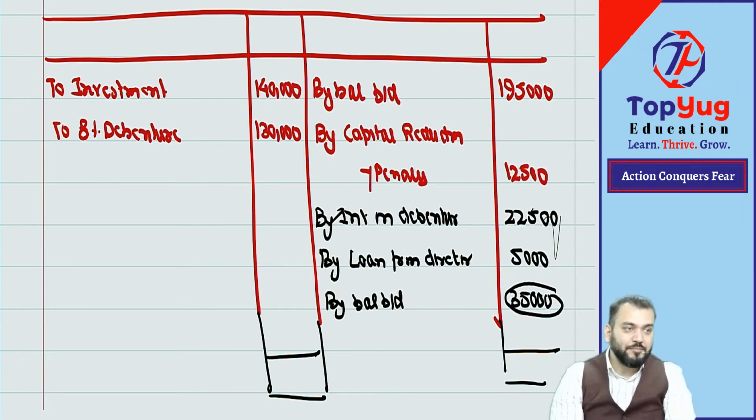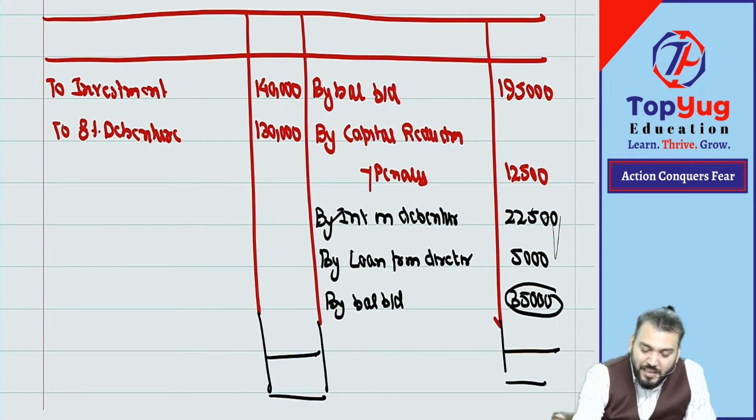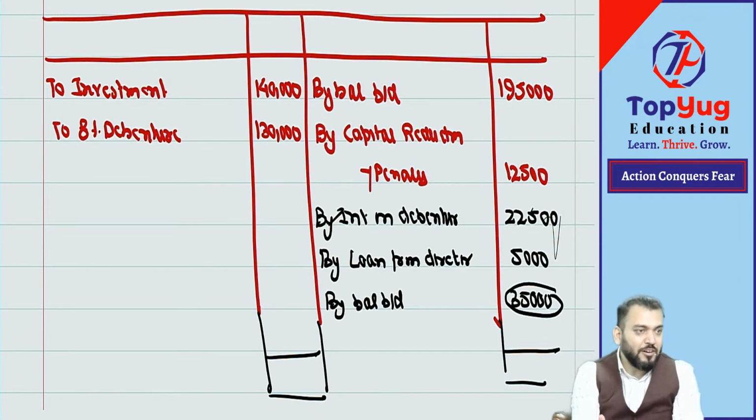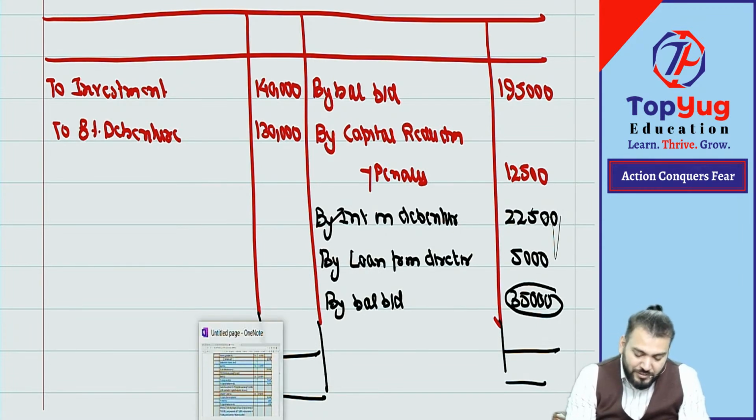Have you understood what I have done? Initially, I wrote it in bank overdraft. That time I was not checking whether cash and cash equivalent is there or not. But we found there is no cash and cash equivalent, so we need to change our answer now. That's why we have done this calculation.